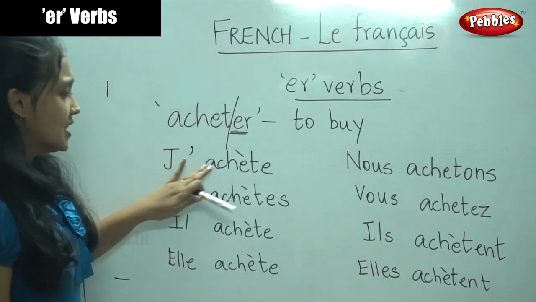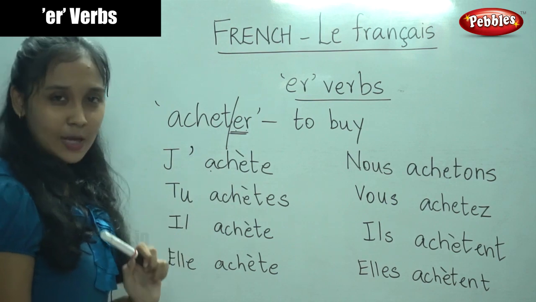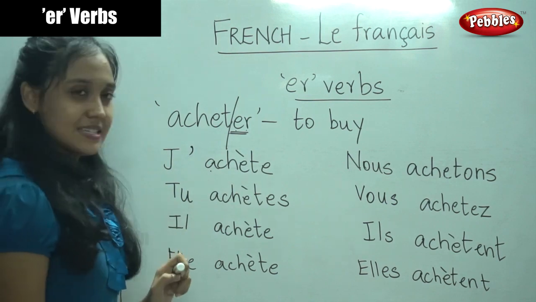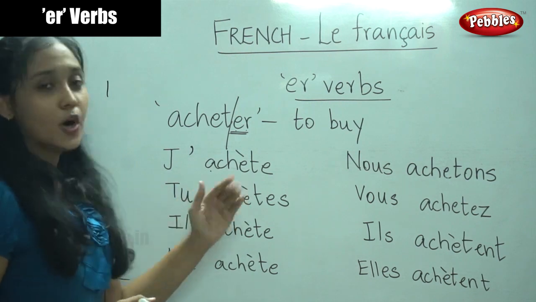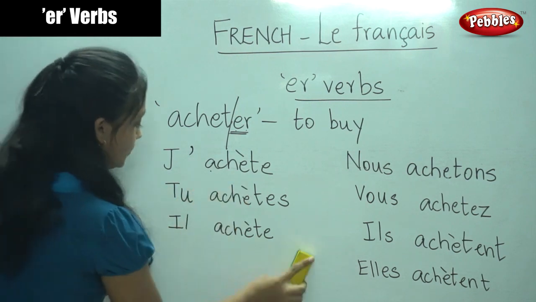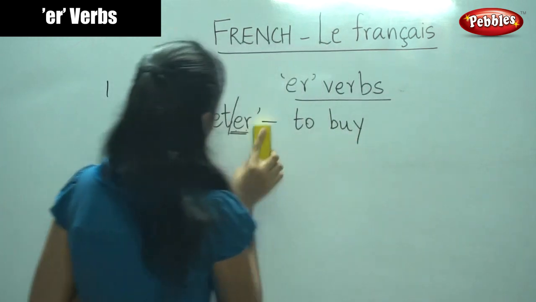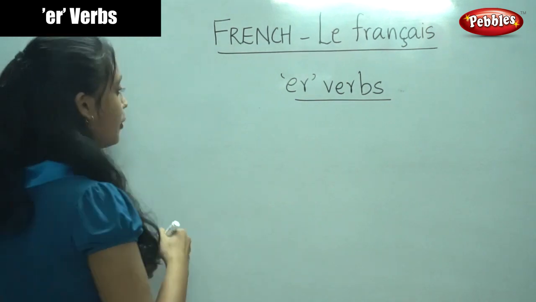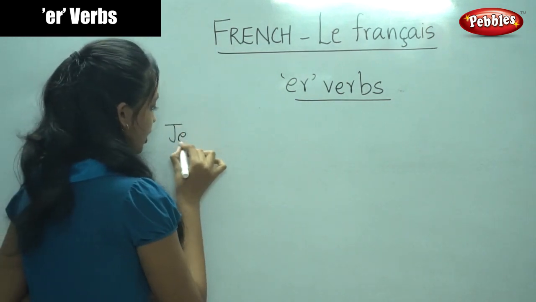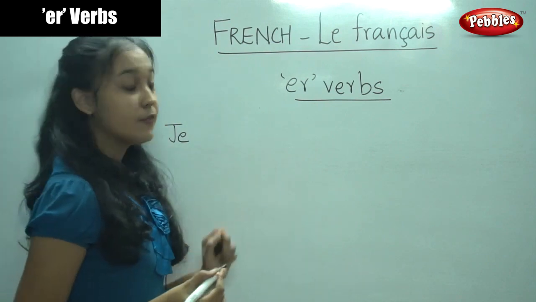Now, using the subject pronoun and the verb, you might be able to form very small sentences. For example, how would you say, I buy a dress? So, you know what you say for I. It is je. What is the verb, the infinitive form for buy?